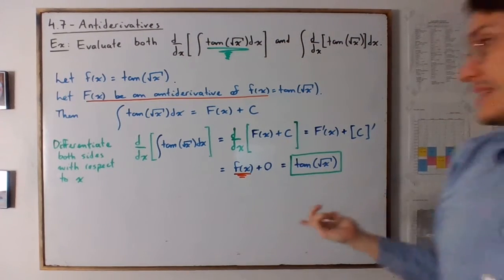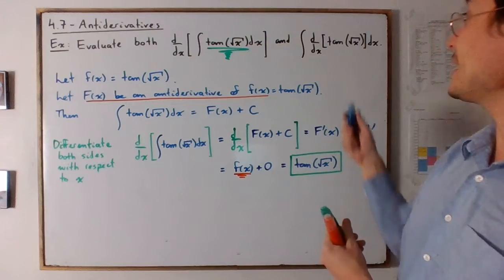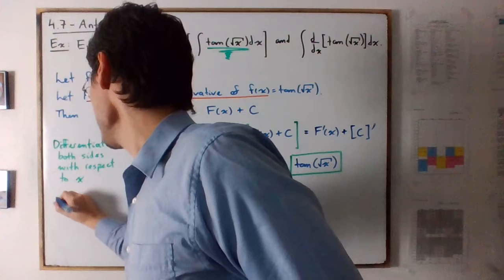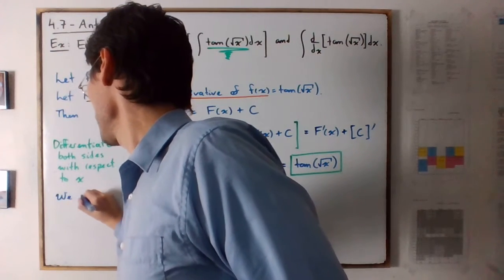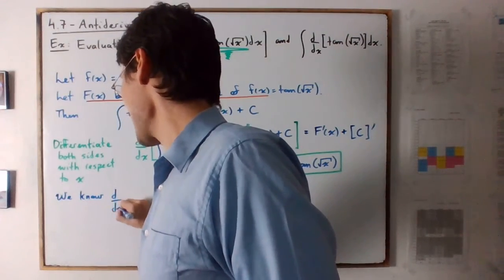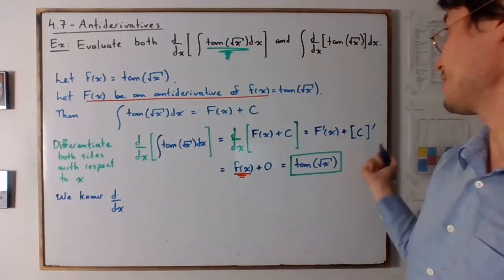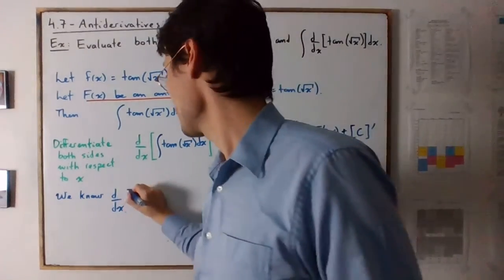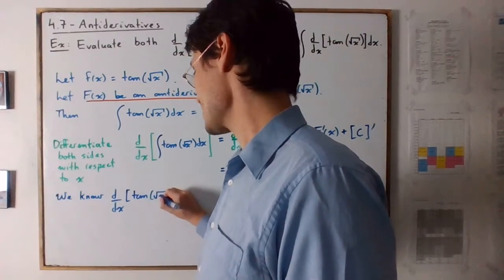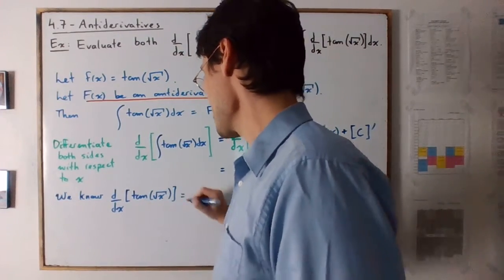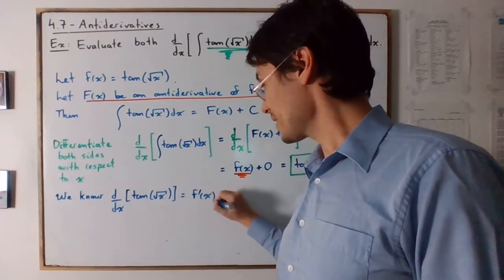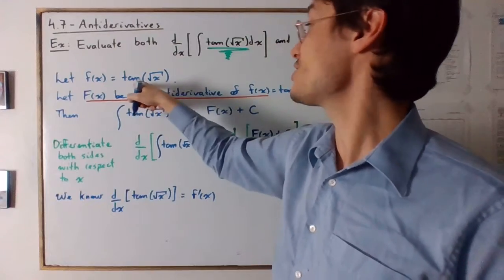In this case, we know that d over dx of tangent of square root of x is going to be equal to f prime of x, where f is the tangent of square root of x.